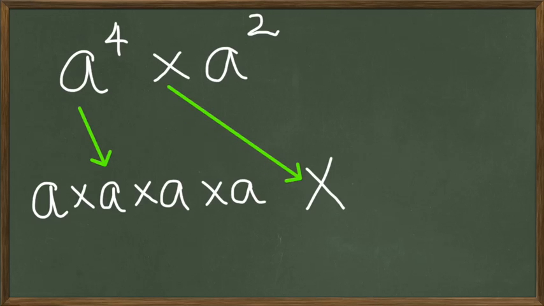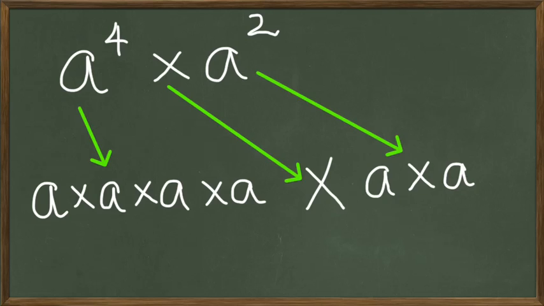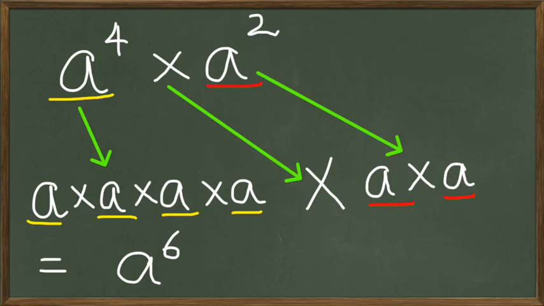And then we have a squared, which is a times a. I'm just going to color it so you guys can see it. A to the power of 4, there's 1, 2, 3, 4. Now, if you count the number of a's, you are going to get a to the power of 6. Or in other words, a to the power of 4 times a squared is a to the power of 6.